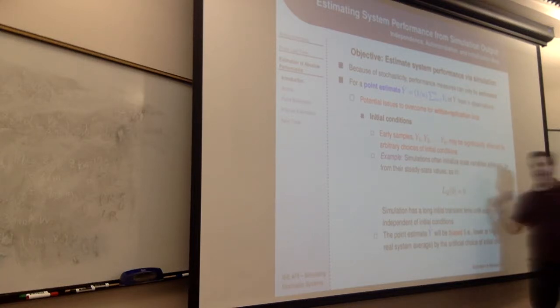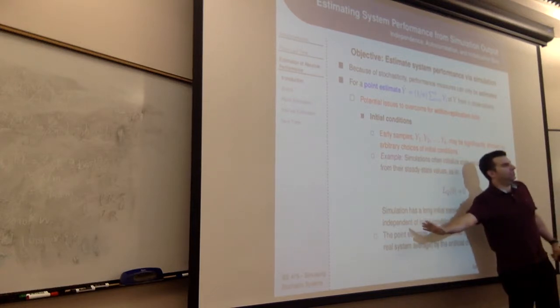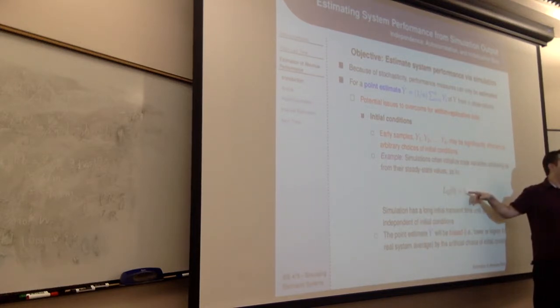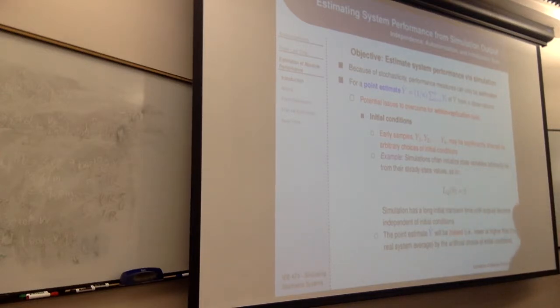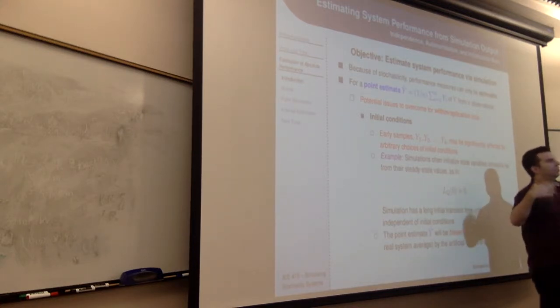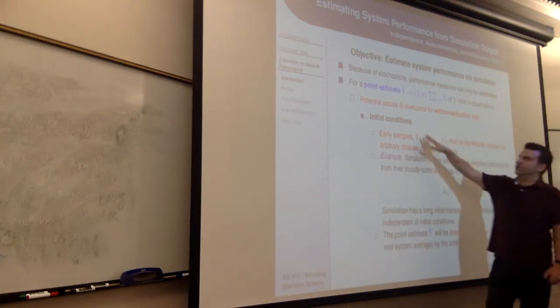So in other words, if I average over a single replication, and the first half of the replication was just the queues getting filled up, I don't actually trust that data, because in real life, I assume that my queues have already reached steady state. Then I need to get rid of all of this initial data as the queues start filling up. So that's the other issue with initial conditions.